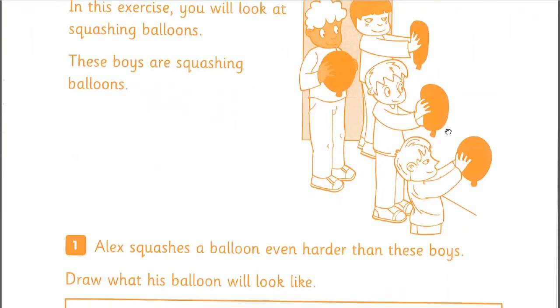So you can see the shape of each balloon is different because they are applying more force and sometimes they are applying less force and squashing the balloon to change its shape.